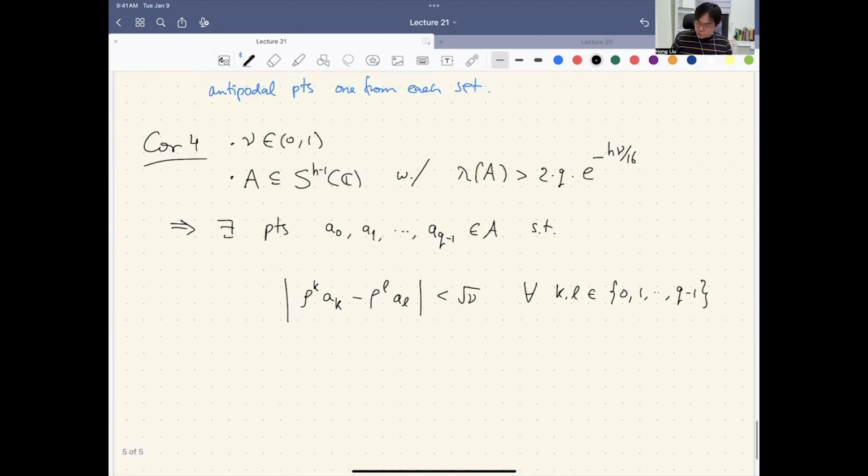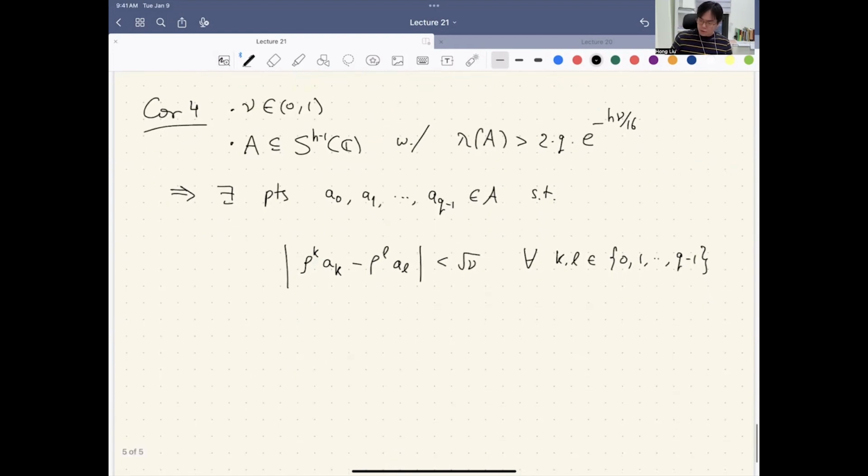If you take Q equal to 3, this just means that whenever A has positive measure, we can find 3 points roughly evenly spaced out at 120 degree angles. Any questions about the statement?